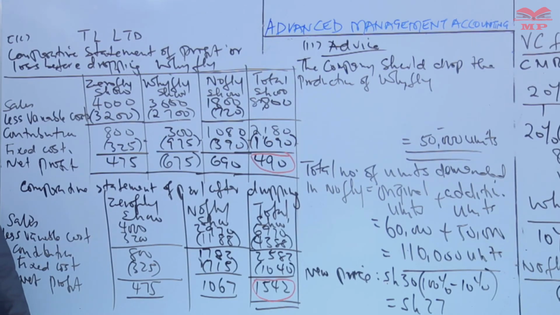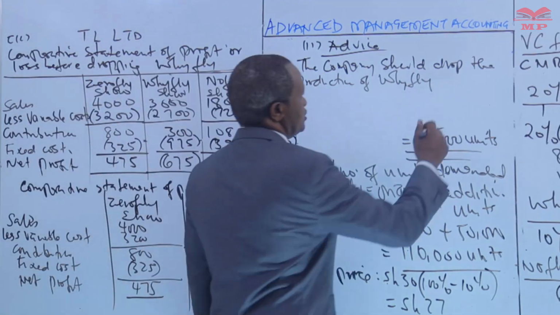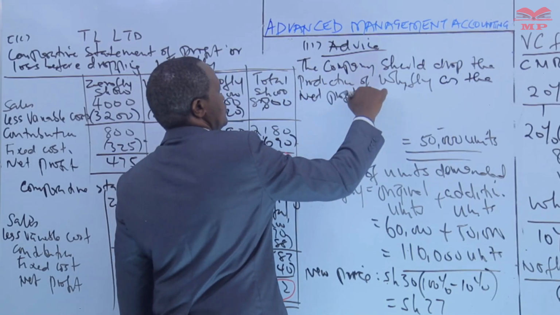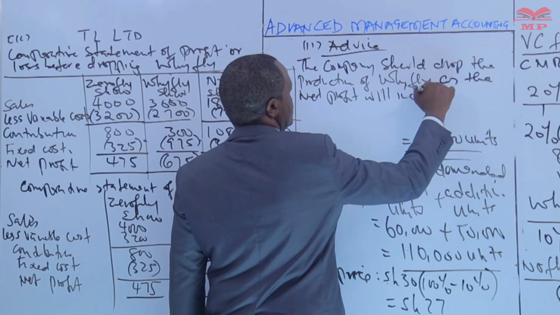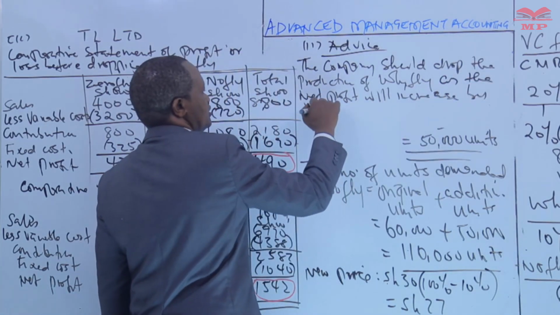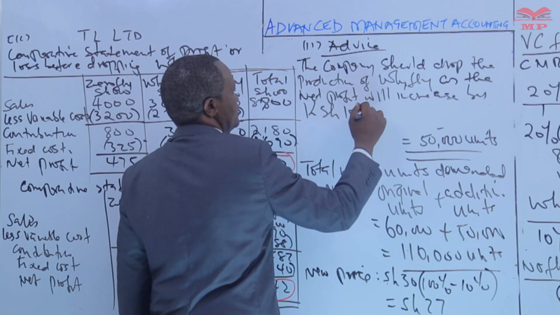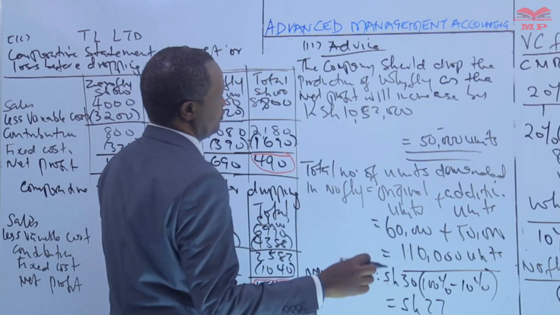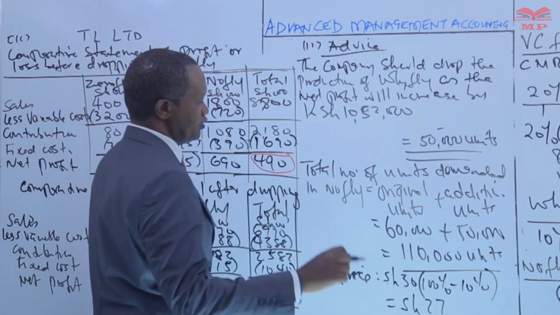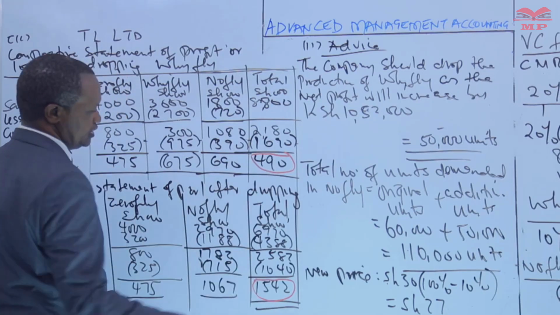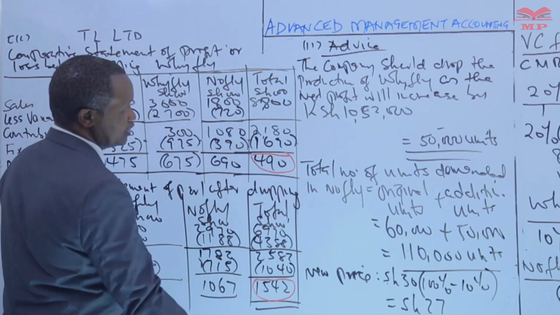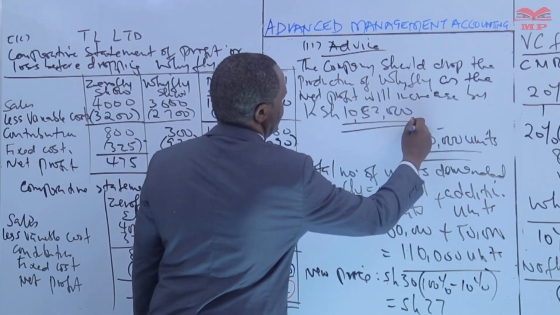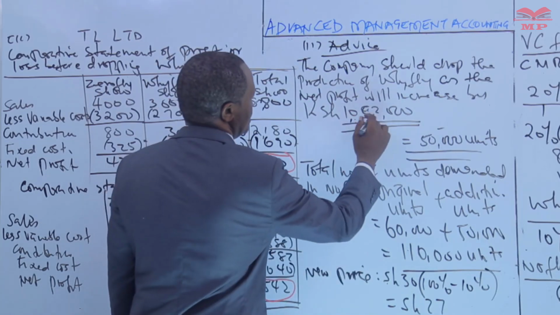Okay, 1052. As the net profit will increase by shillings 1052,000, the company should drop the production of Wi-Fi, because if the company drops the production of Wi-Fi, this profit is going to increase from 490,000 to 1,542,000, which is an increase of 1,052,000.